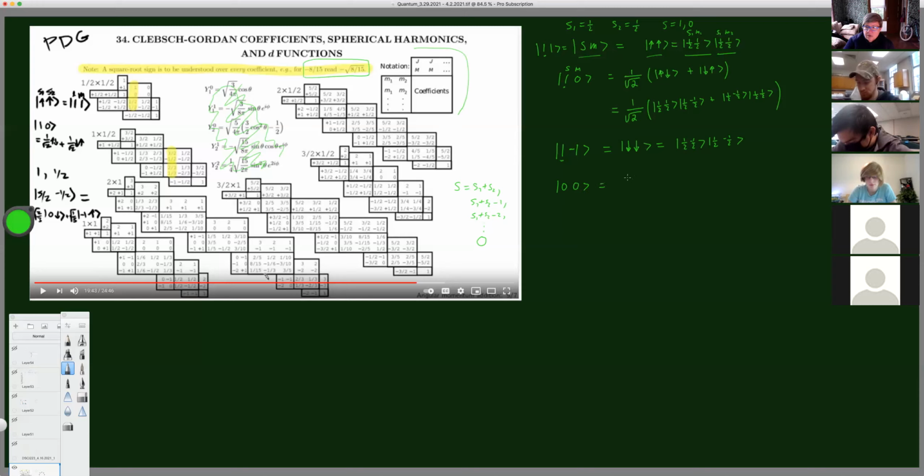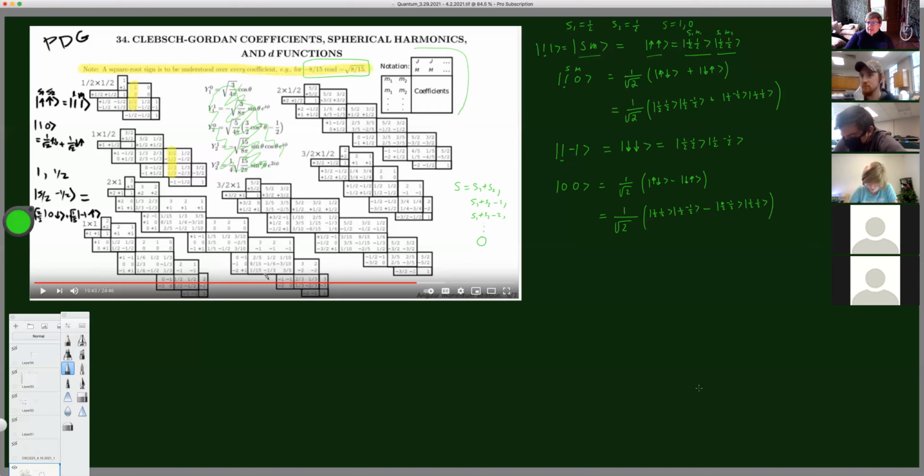And that one is 1 over the square root of 2, up, down, minus, down, up, which in the other, clearer notation is S1 equal 1/2, M1 equal 1/2, S2 equal 1/2, M2 equal -1/2, minus S1 equal 1/2, M1 equal -1/2, and then S2 equal 1/2, and M2 equal positive 1/2.